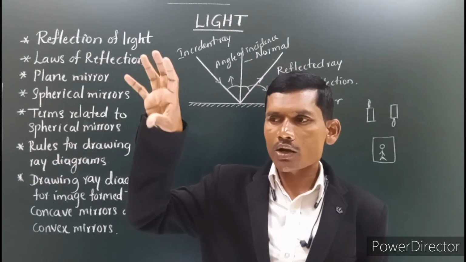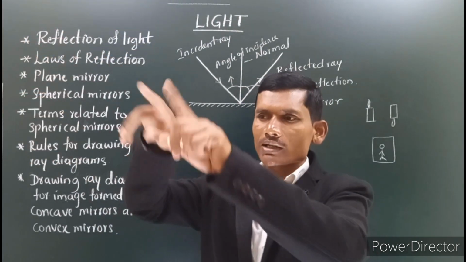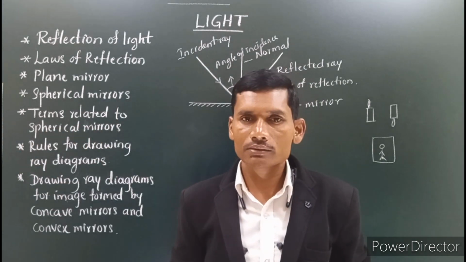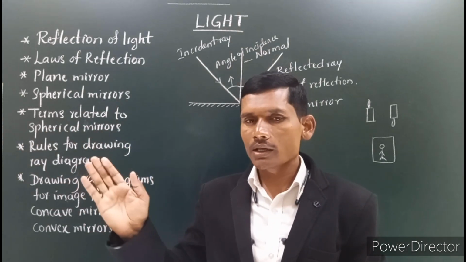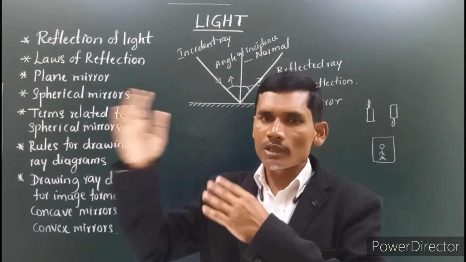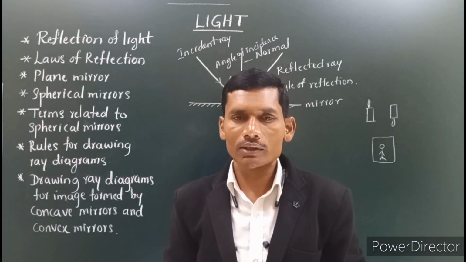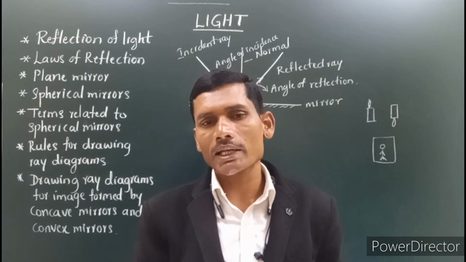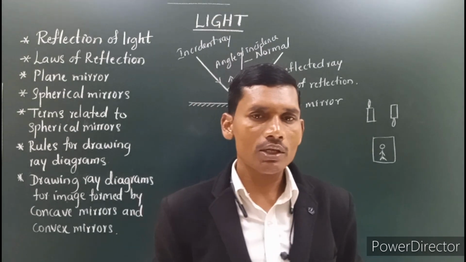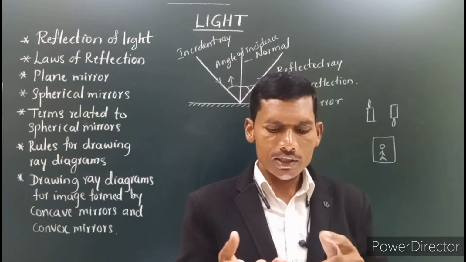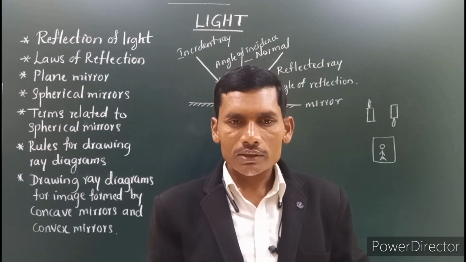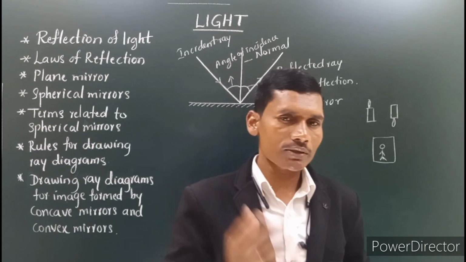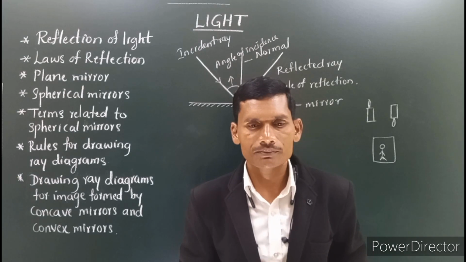When the image is cast on a screen, we can find the pictures coming onto the screen. That will be a real image, right? If you can see the image in the mirror but cannot get it on a screen, that is called a virtual image. So the image is erect, virtual, and the same size as the object. Okay? 3 points we learned.